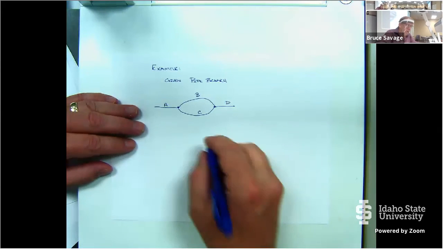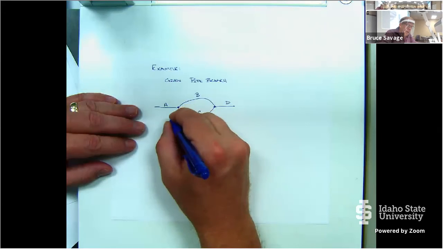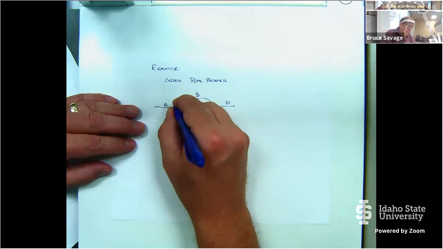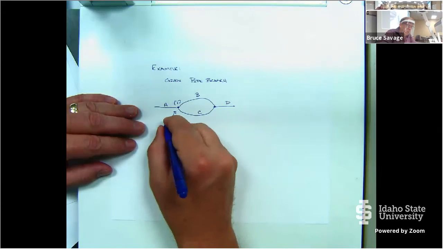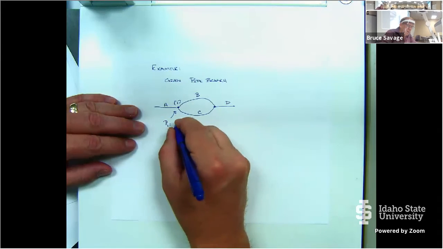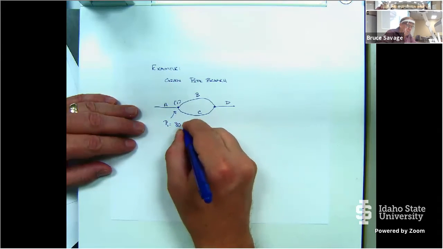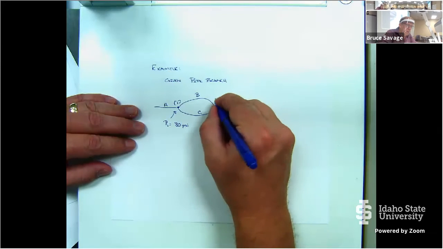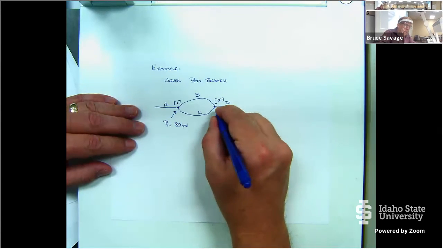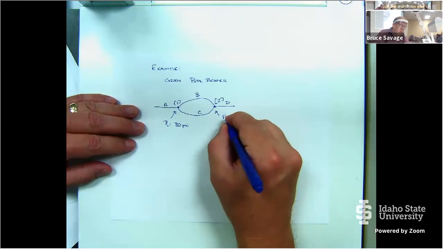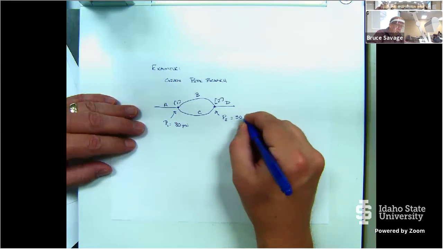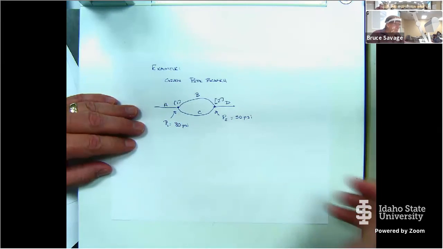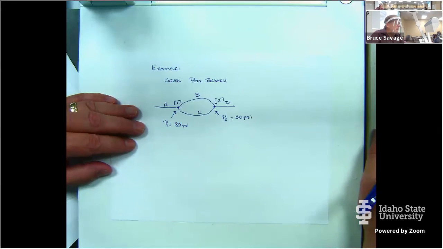And I know that the pressure at node 1, so P at 1 is equal to 80 PSI. And I know at node 2, the pressure is equal to 50 PSI. It's kind of a big drop, but that's okay.